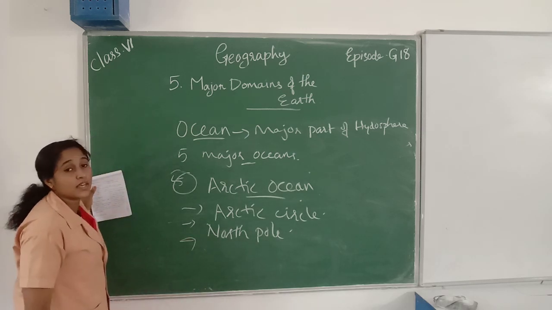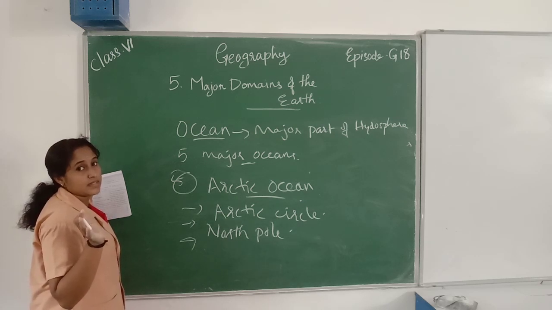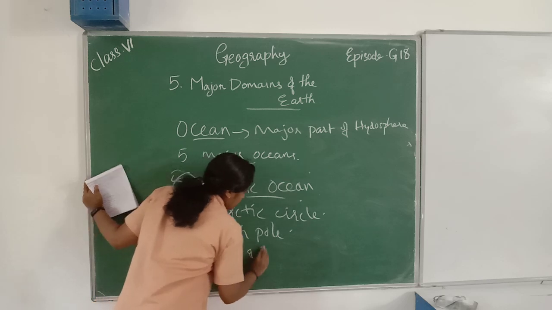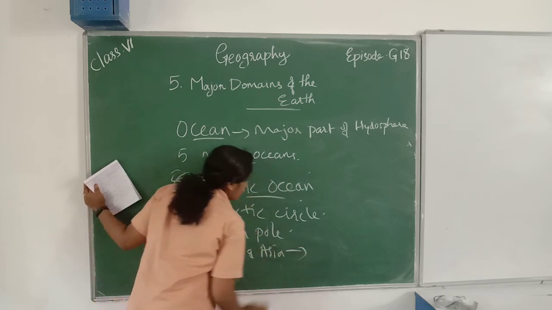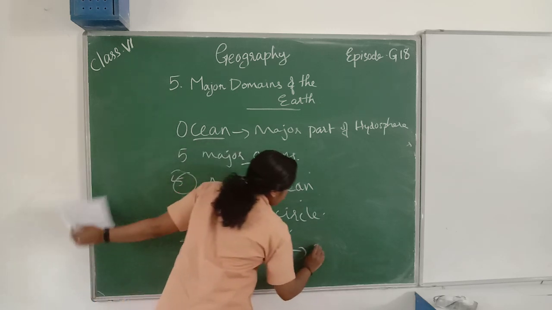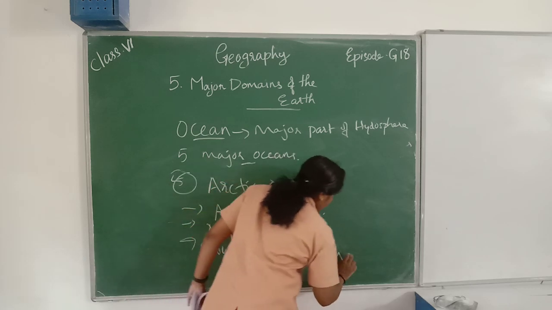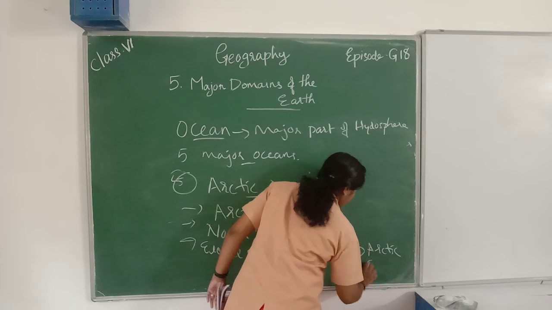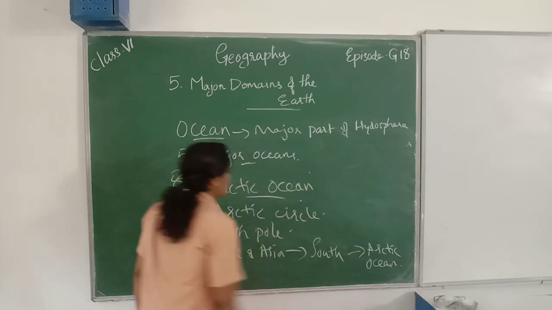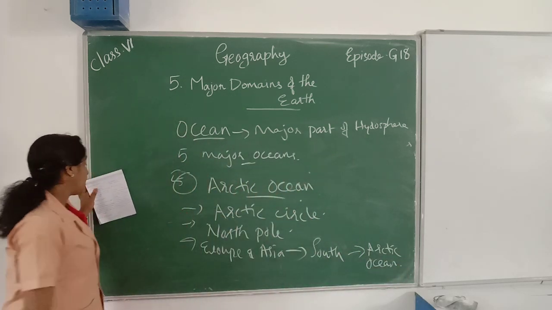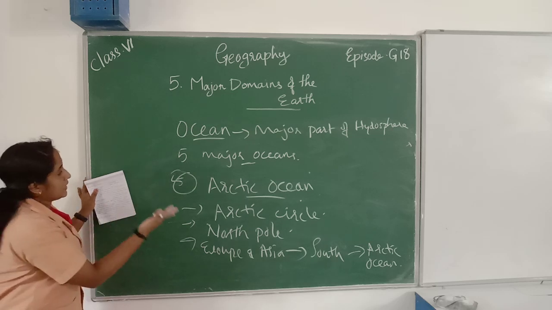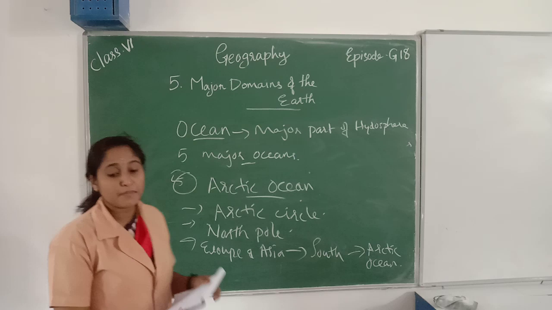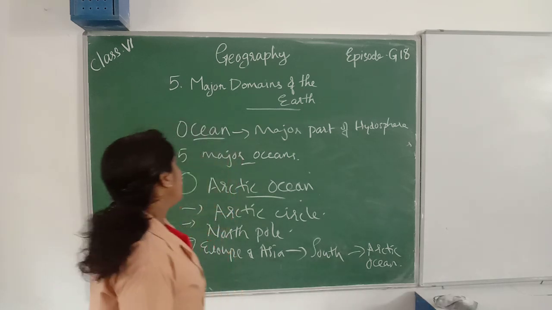The continents Europe and Asia are covered by the south part of the Arctic Ocean. And these are the major 5 oceans.